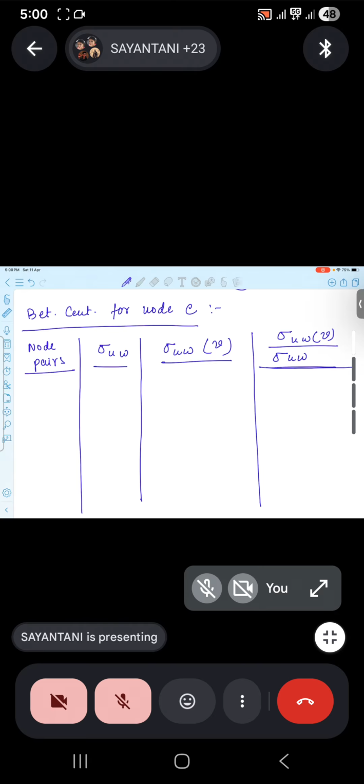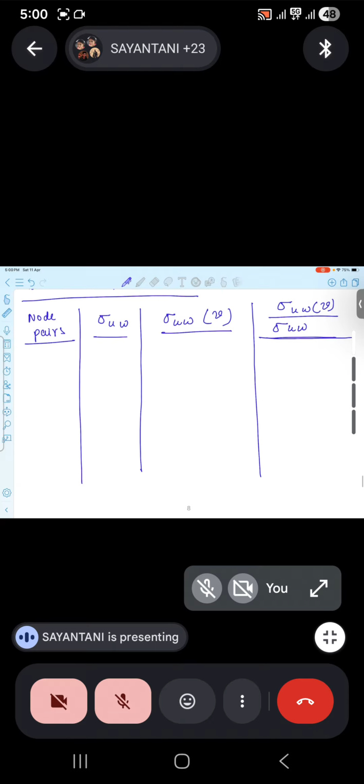Now, the trick over here is that since you are finding out the betweenness centrality of node C, you will find out the node pairs excluding node C. So your node pairs would be something like this.